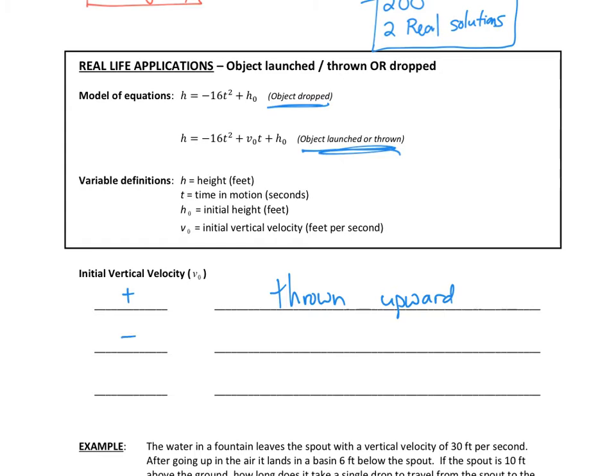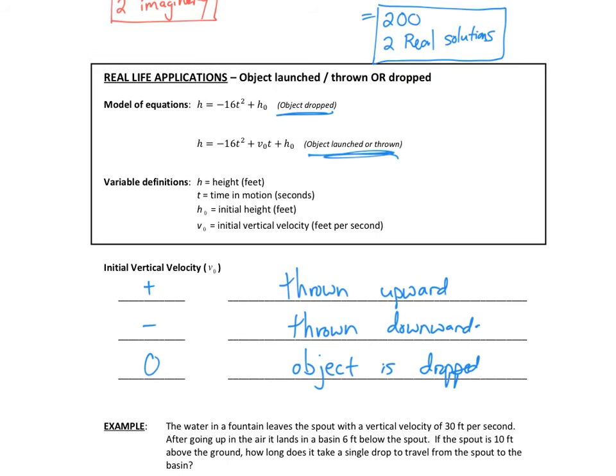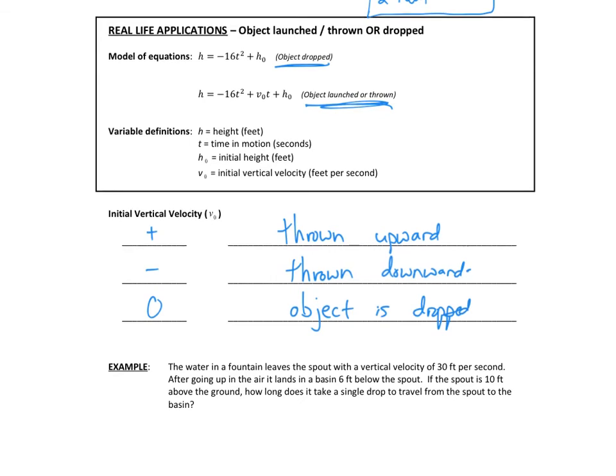If it is negative, that means it's thrown downward, kind of like if you're looking out a window and you are throwing something out of your window down at the ground. And if it is 0, that means the object is dropped. So it's like you open a window and you just drop an object from a window. Instead of throwing it down, you drop it.